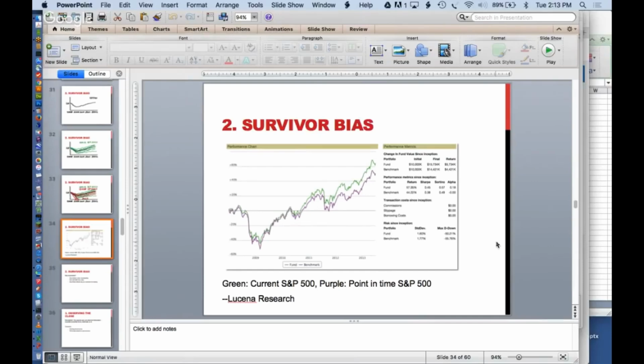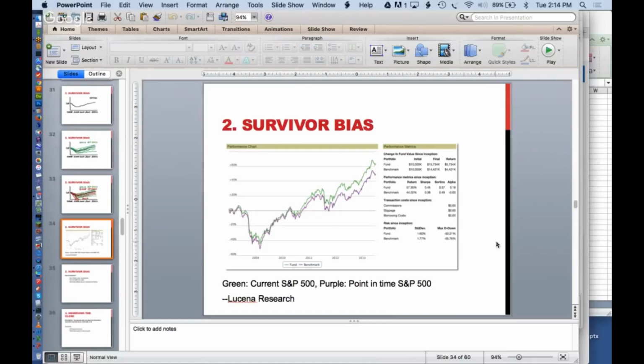What the purple line represents is the performance of the S&P 500 over time according to which stocks were actually in the S&P 500 at that time. The green line is the performance of a portfolio that is using the S&P 500 as of today. And there's about a 13% difference over that time.